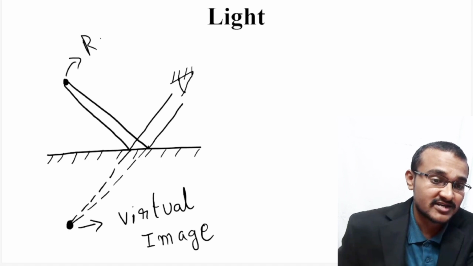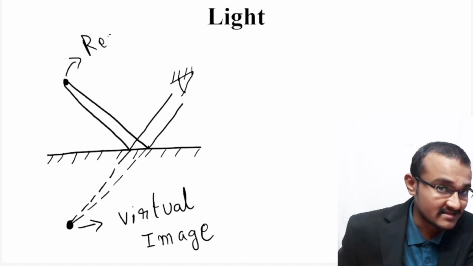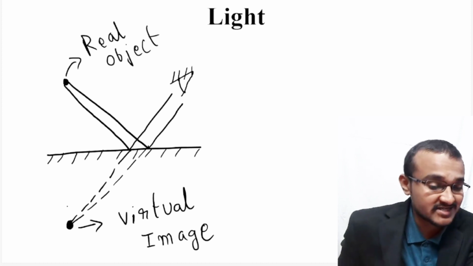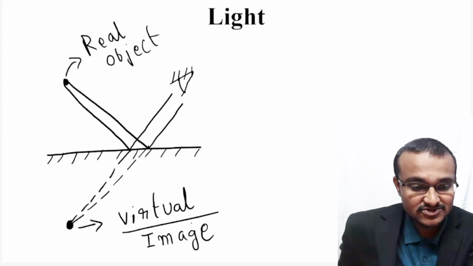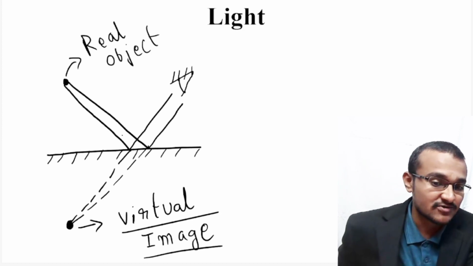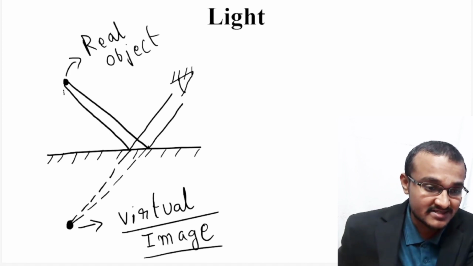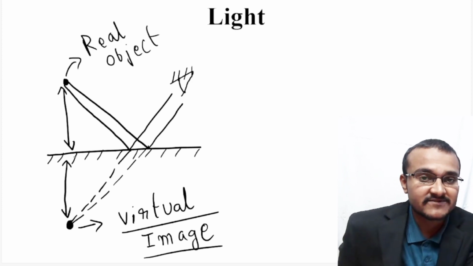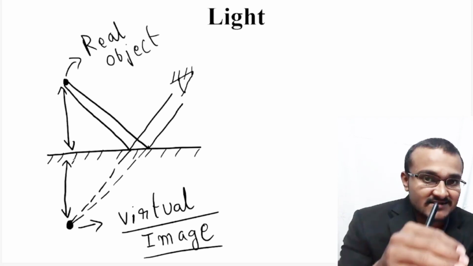So this particular object which has got reflected in the mirror is the real object. So the image which you are seeing of this particular object inside the mirror is known as the virtual image of that particular object. And one thing you should remember is that the distance at which this particular object is placed from the mirror, the image will also form at the same distance from the surface of this particular mirror, inside the mirror.